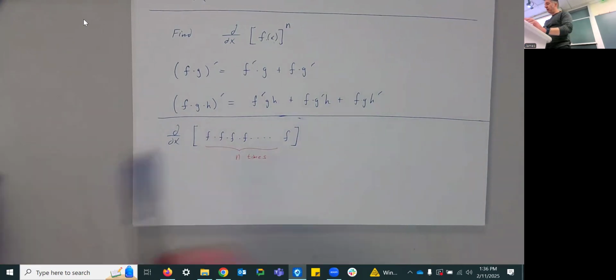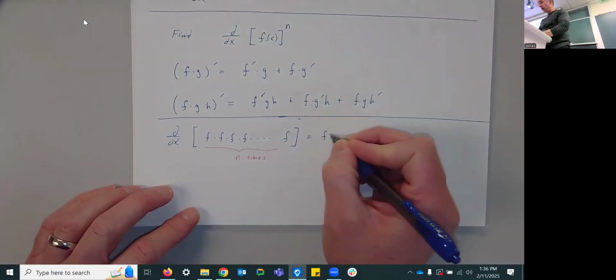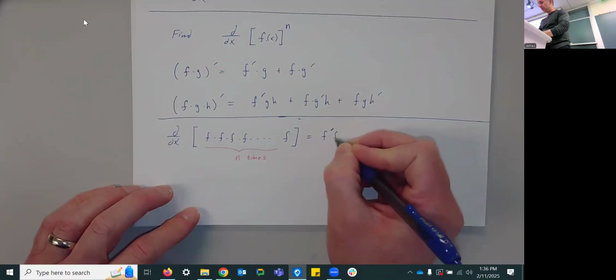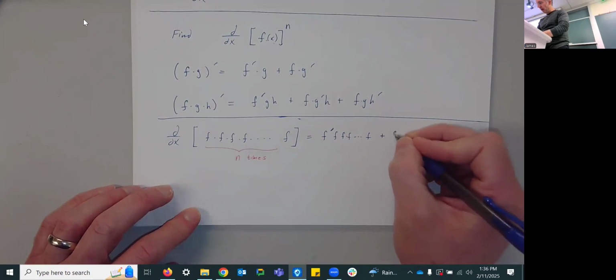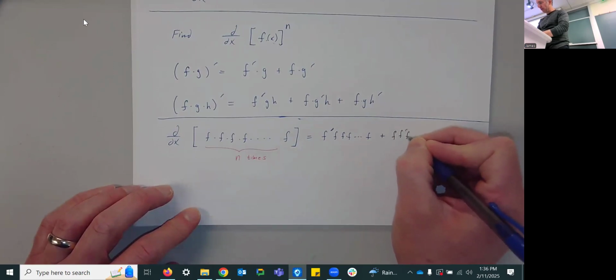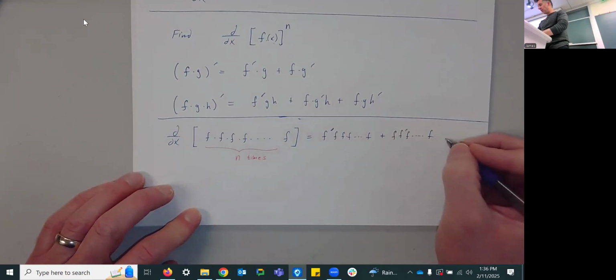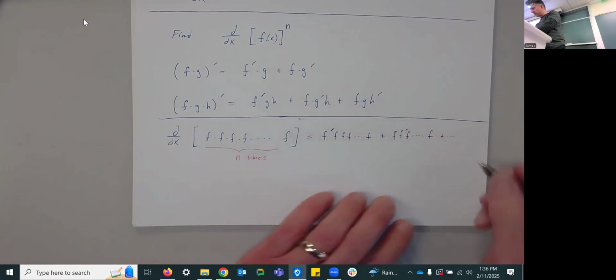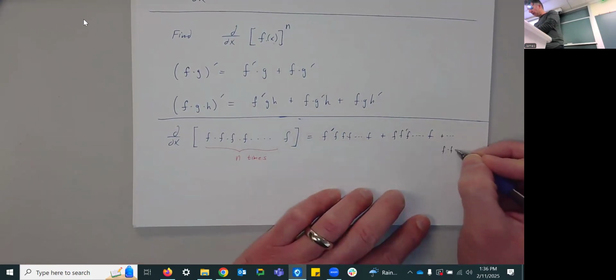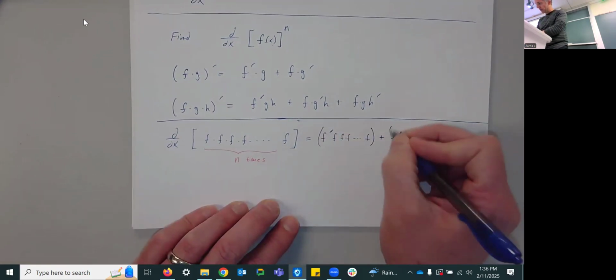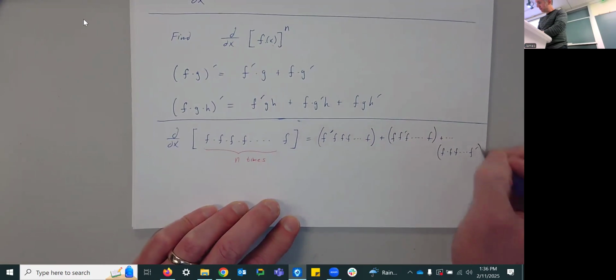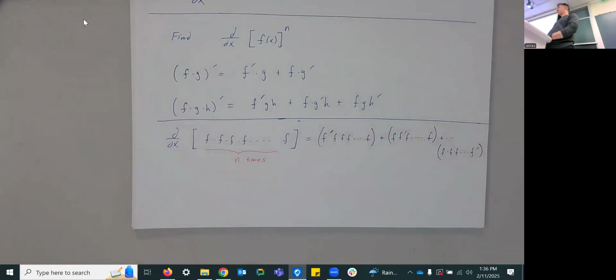So it's going to be f prime times a bunch of f's, plus f times f prime times a bunch of f's, all the way till the very last one, which is f times f times f all the way to f prime. Let's put some parentheses around these so it looks a little less ugly. But each of those things I'm adding together has 1 f prime and n minus 1 f's.